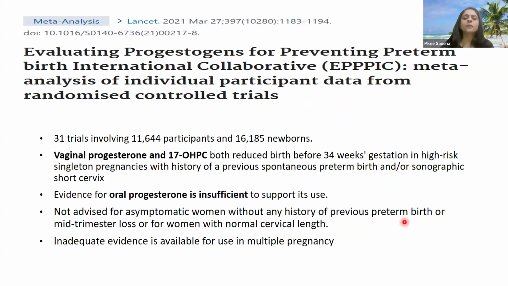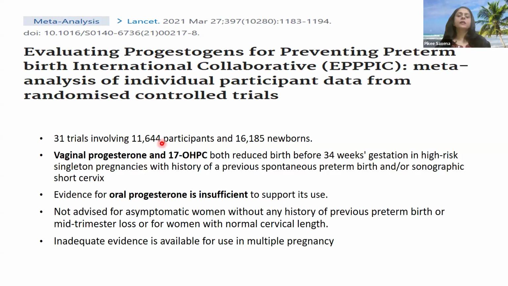So this was a very big trial, the EPIC trial it is known as, evaluating progestogens for preventing preterm birth, an international collaboration. This was a meta-analysis and it included 31 trials and more than 11,000 patients.